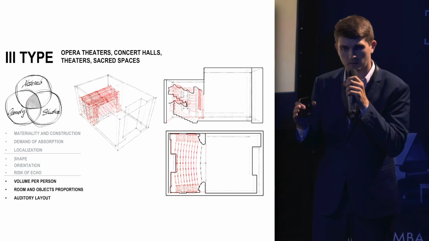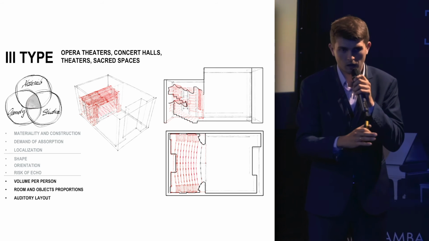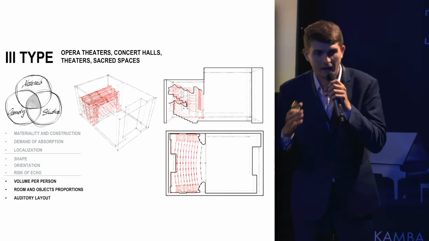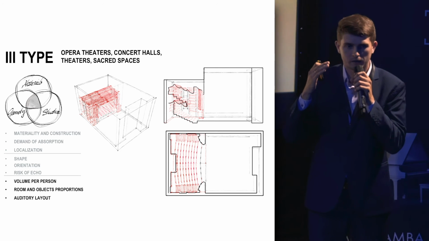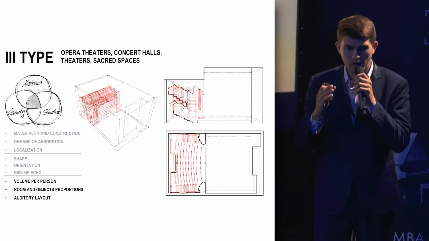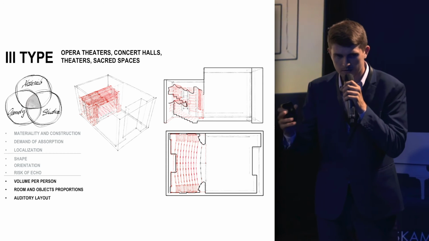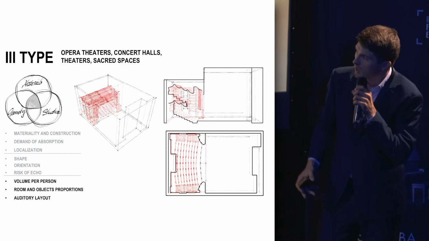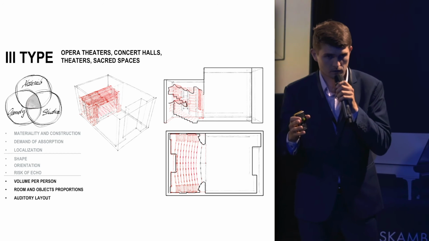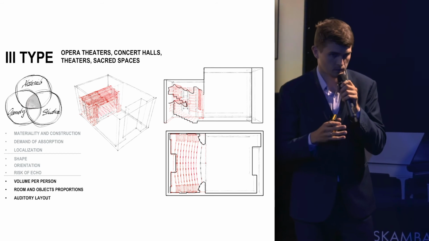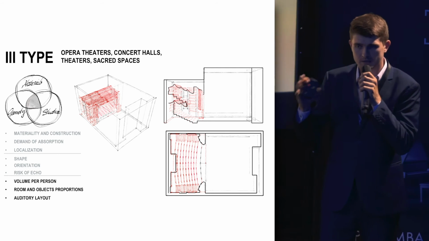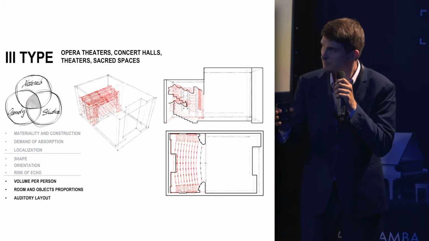At the same time, with the same audience, in a concert hall we have to ensure at least 9 cubic meters per person. The same audience, double the volume. Auditory layout. Bad sightline equals bad direct sound. Vice versa, a too sharp amphitheater leads to sound energy loss.